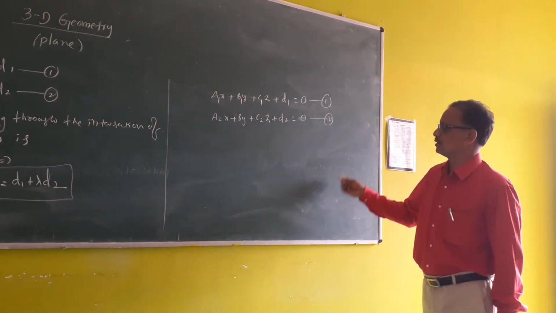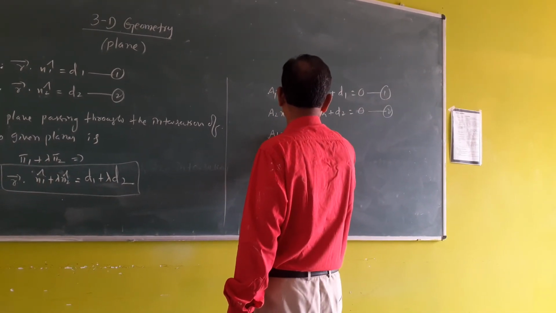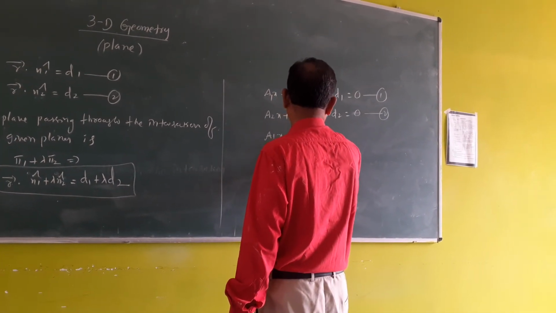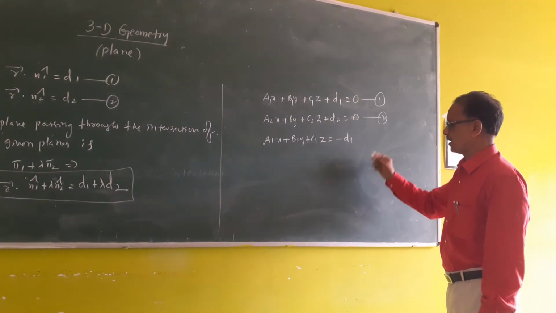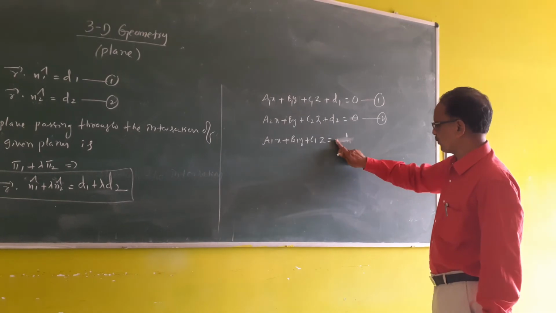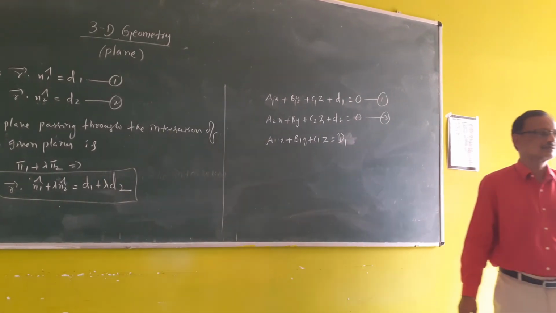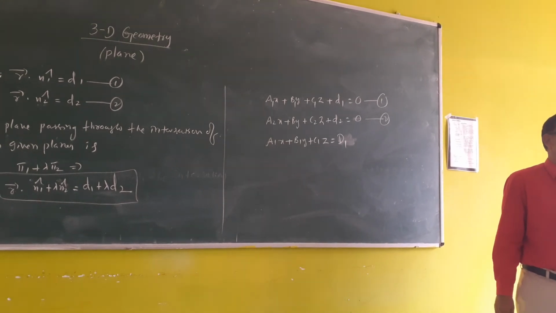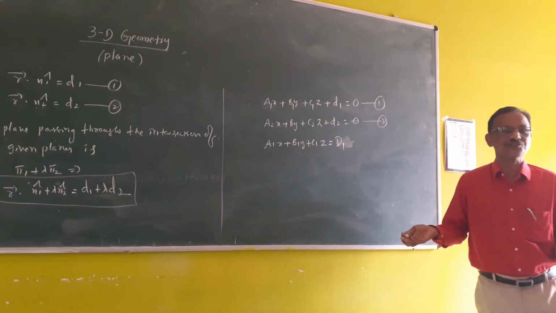Right. So a1 x plus b1 y plus c1 z equal to minus d1. Minus d1 we can replace with some capital D1, where D1 equals minus d1, and this is also a constant.